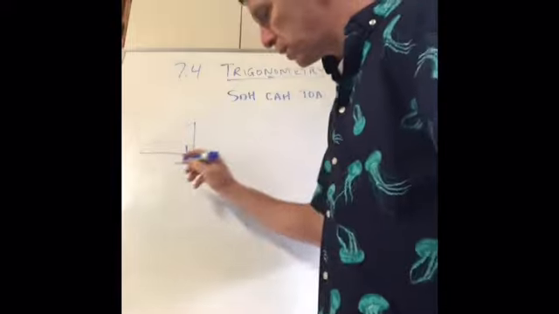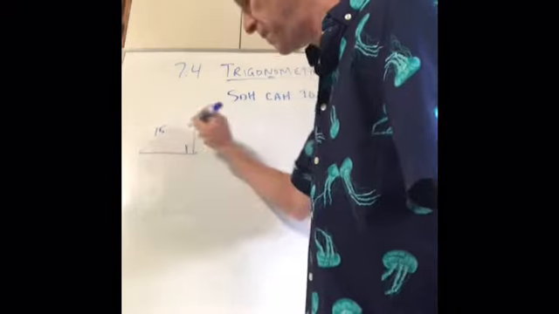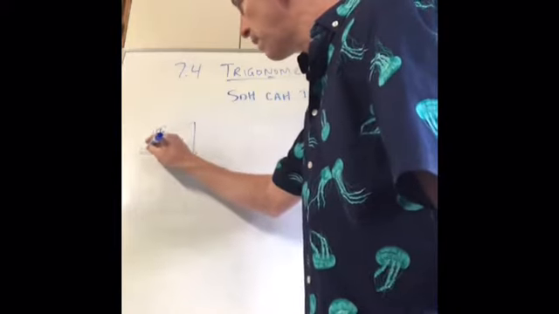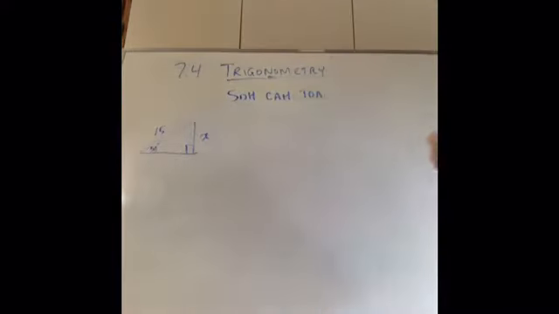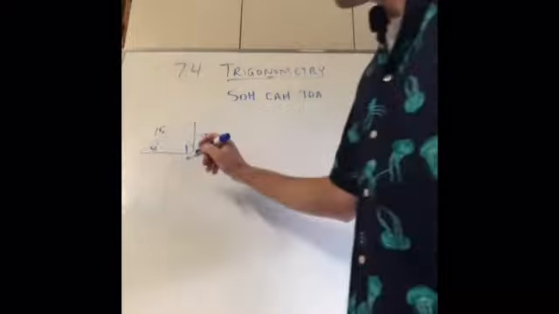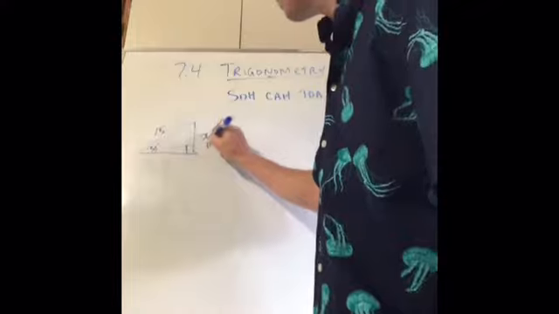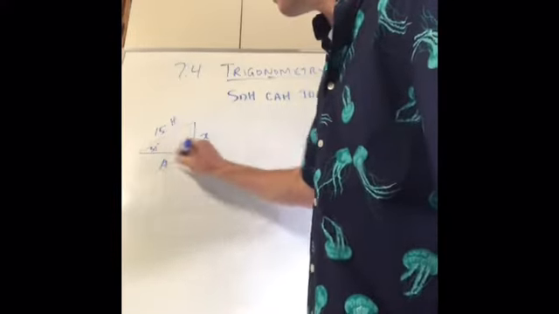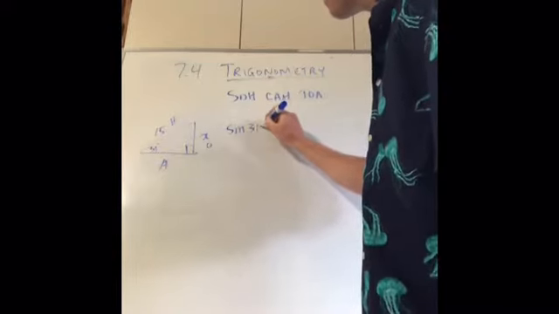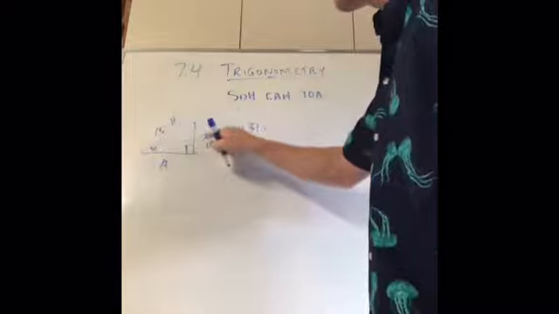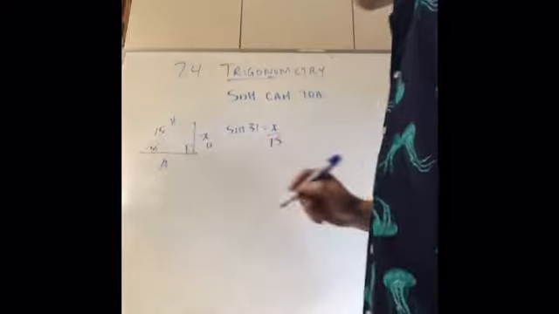All right, so let's say that our hypotenuse is 15. Let's say our angle is 31 degrees, and we want to find out what x is. So quickly labeling up our sides. This would be our adjacent side. This would be our opposite side, and this is our hypotenuse. So in this case, sine 31 is equal to the opposite, which is our x, over our hypotenuse, which is 15.